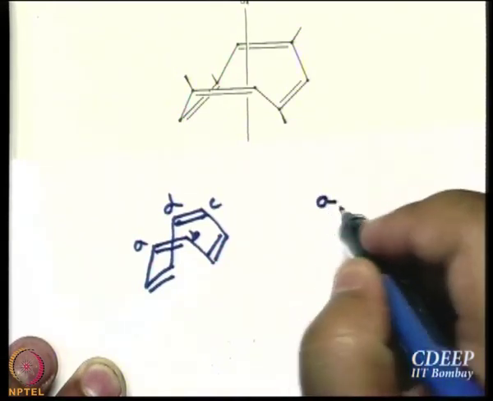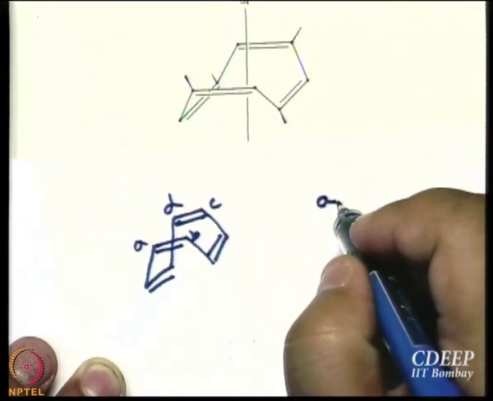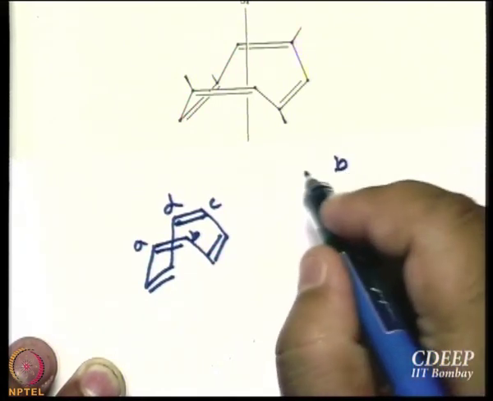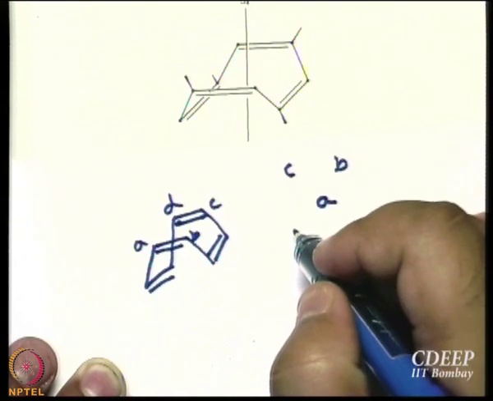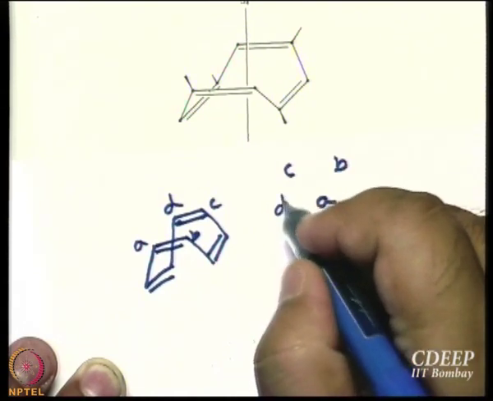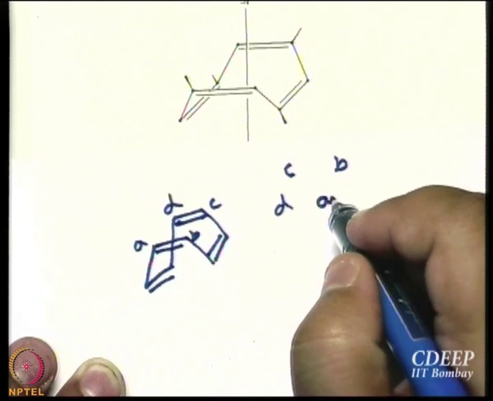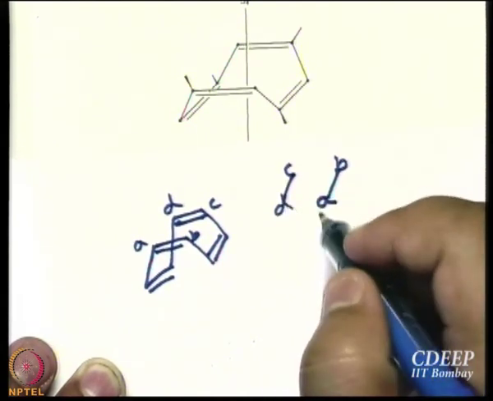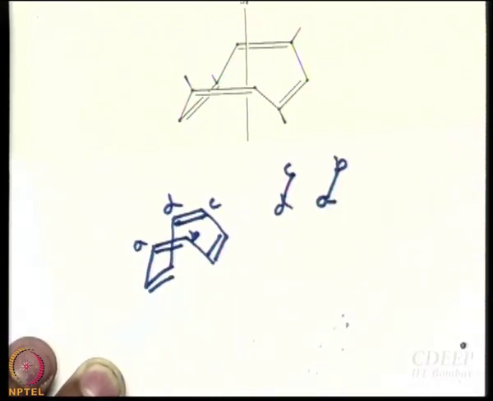In place of B, you will have A, right? In place of C, you will have B. In place of D, you will have C. In place of A, you will have D. And don't forget, the bond is between A and B and C and D. So, the molecule is turned by 90 degrees, and what you have is not an indistinguishable configuration, right?